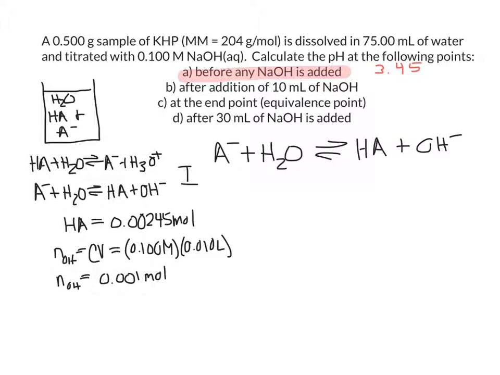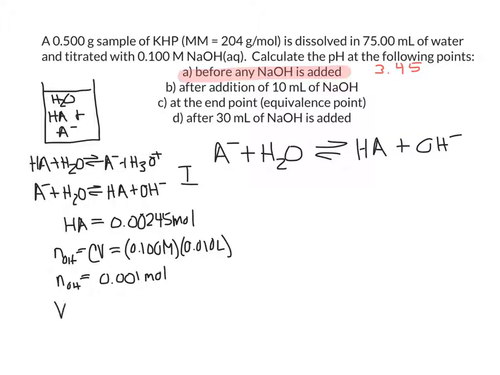Now, I need to be careful because I need to think about what is the total volume that these moles are now in. So I started with 75 milliliters of the solution of HA, but I have added 10 milliliters to that. So my total volume is now 85 milliliters.